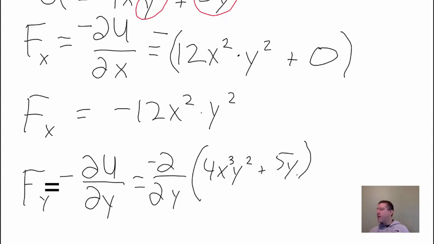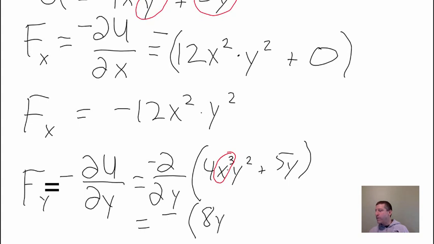Well, it's just like taking a derivative, but we're going to pretend that this x stuff, x cubed, is just a constant right there. So what we get is the negative partial derivative, put my negative out here, if x was just a constant, I take the derivative of 4y squared, I get 8y.